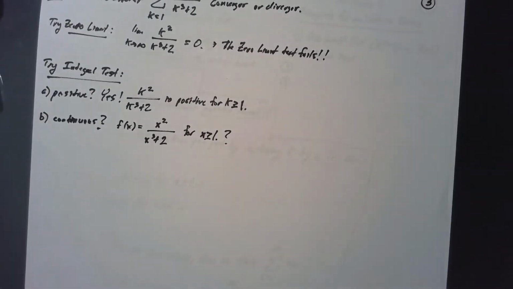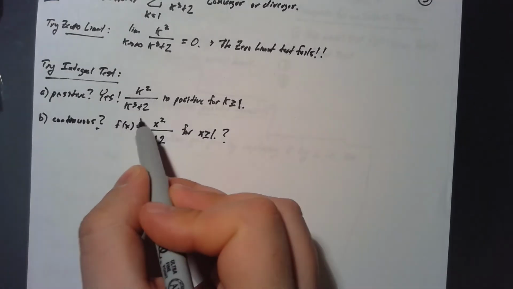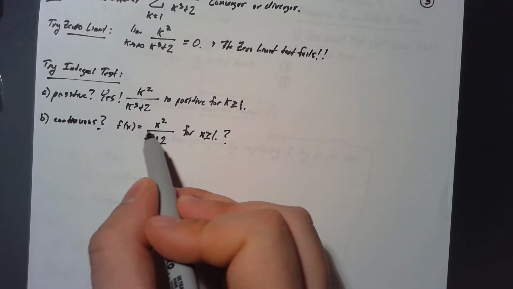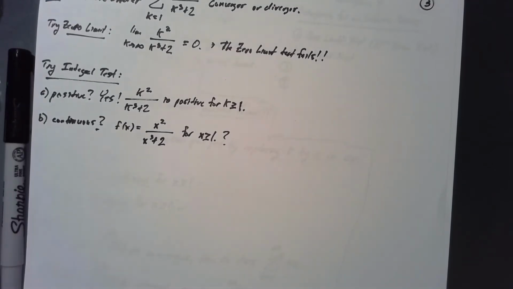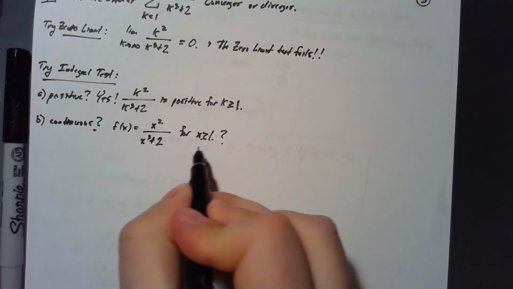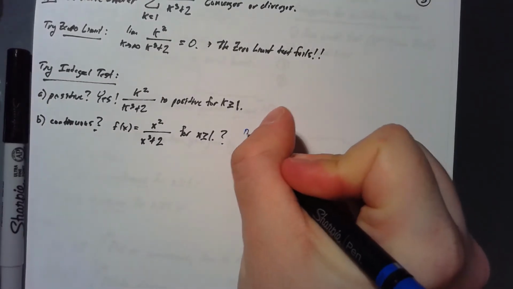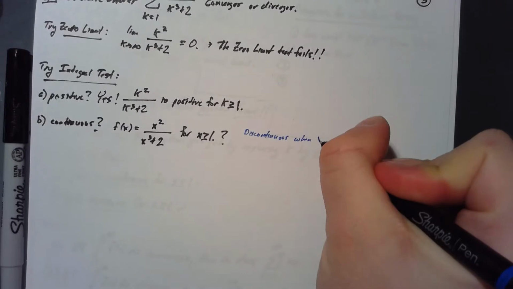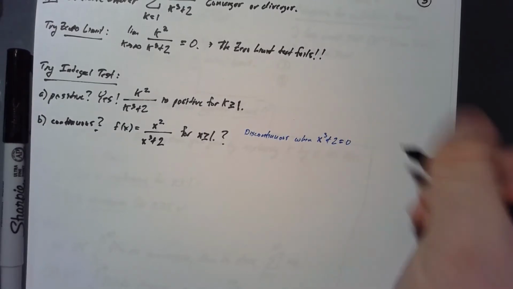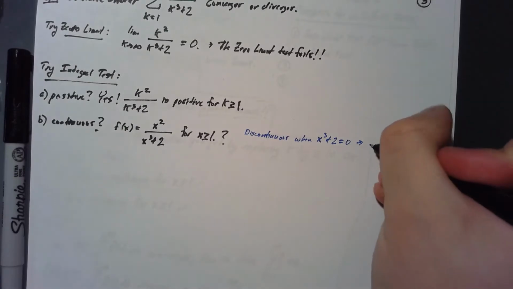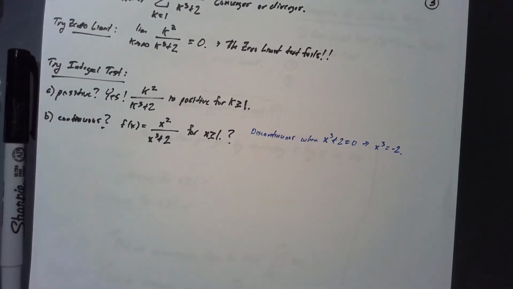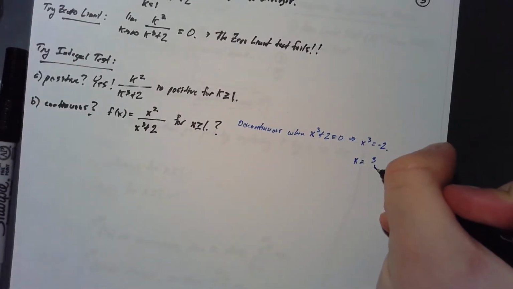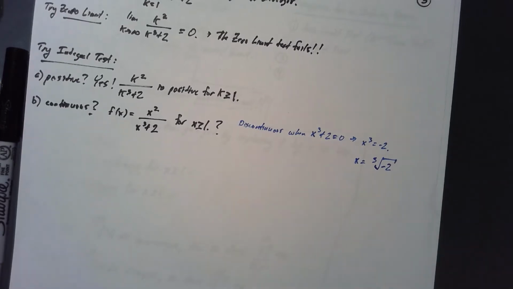It is continuous because the only time this is going to be undefined is when k cubed plus 2 is equal to 0, right? So this will be discontinuous when, if you solve that for x, you get x cubed equals negative 2, which would mean x equals the cube root of negative 2.